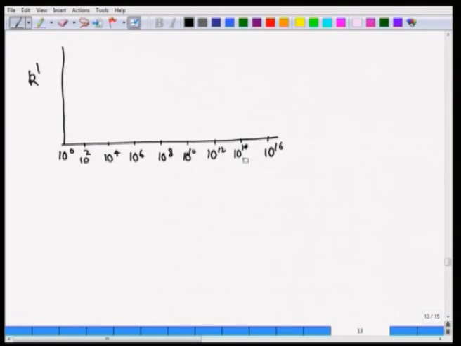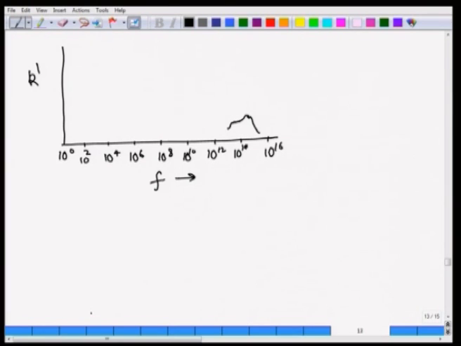This is the frequency. Up to 10 to the power 15, the electronic mechanism operates. This is the electronic mechanism.